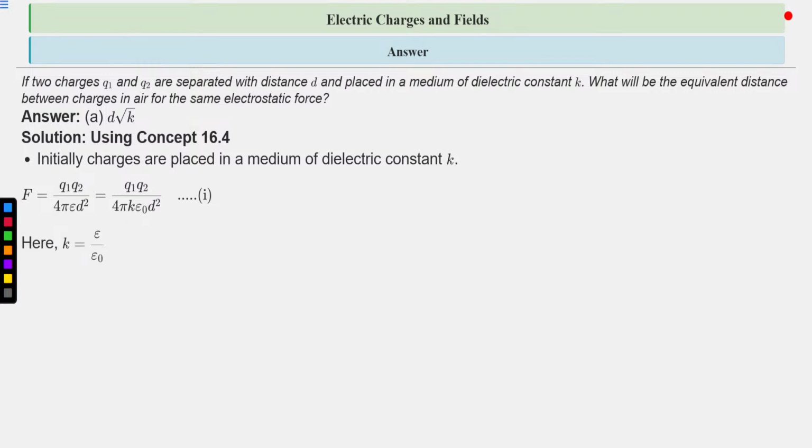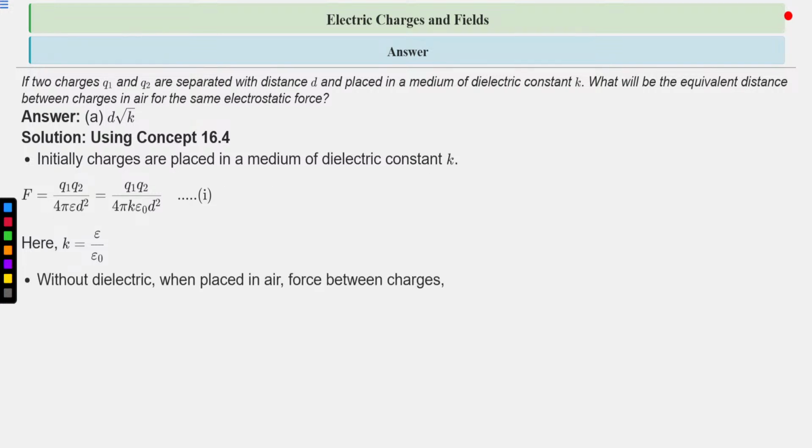Now K is epsilon by epsilon naught. This is the definition of dielectric constant: the ratio of the permittivity of that medium to the permittivity in vacuum or air, or free space. That was with dielectric.